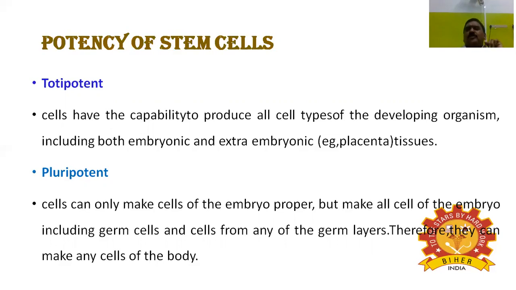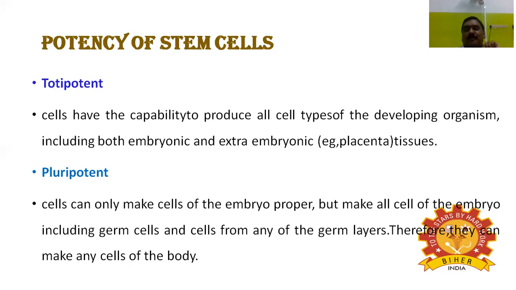So a totipotent cell can give rise to the complete organism. It may be a human being, maybe an animal, or whatever it may be. So totipotent cells have the ability to give rise to a complete organism.